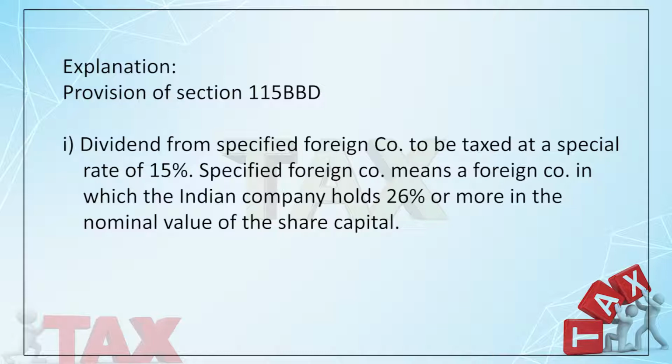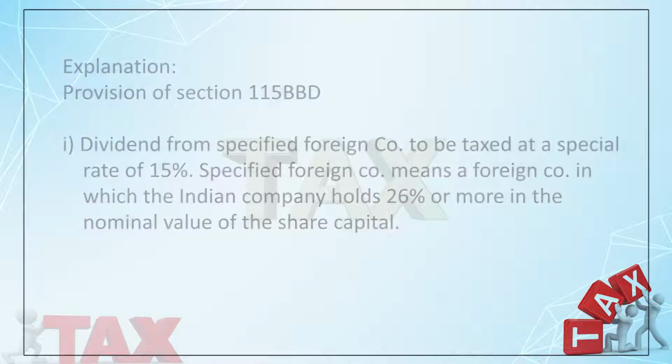Whenever a foreign dividend is involved, you have to check whether the dividend is being received from such company. Such company means whether it is a specified foreign company. If it is a specified foreign company, the dividend received from such company will be taxed at the rate of 15%. How do you judge whether it is a specified foreign company or not? You have to check the shareholding, percentage of shareholding. It should be 26% or more.